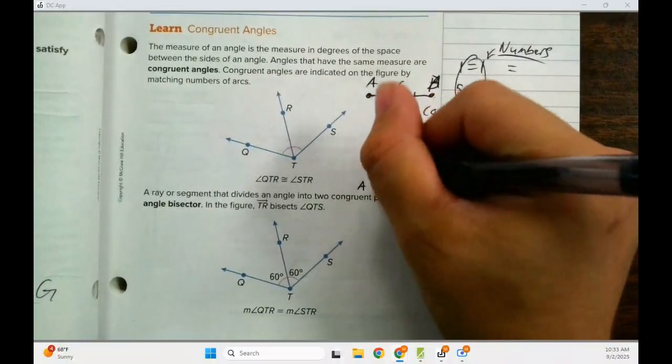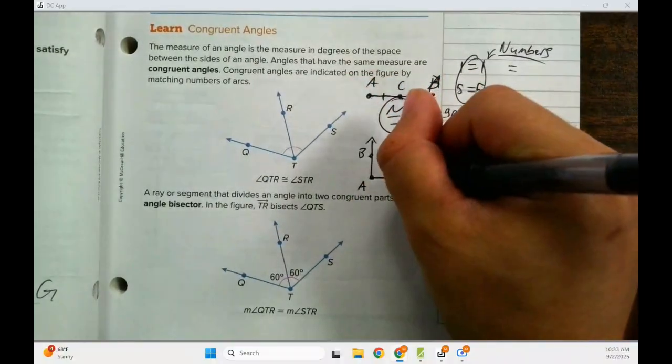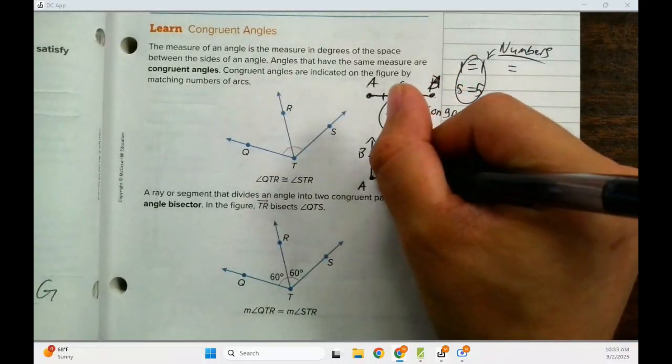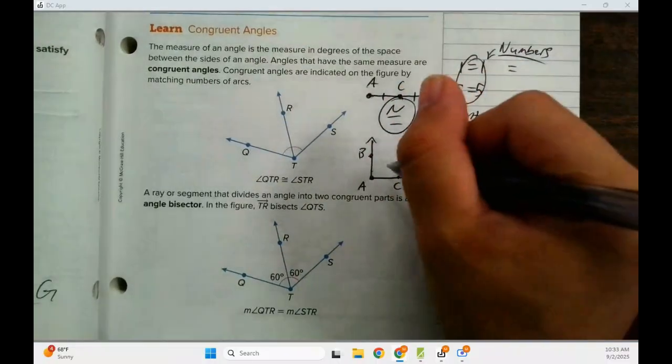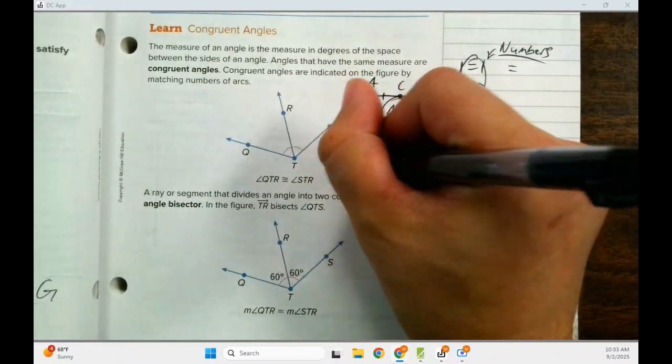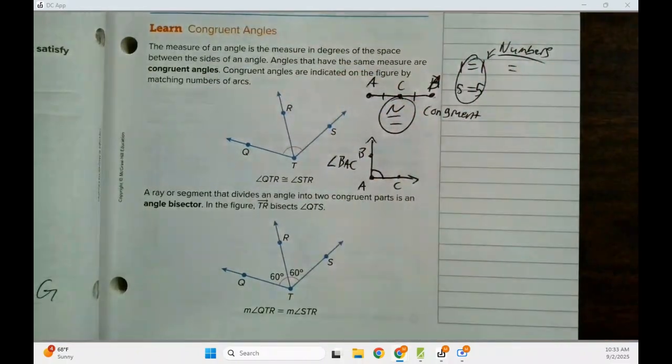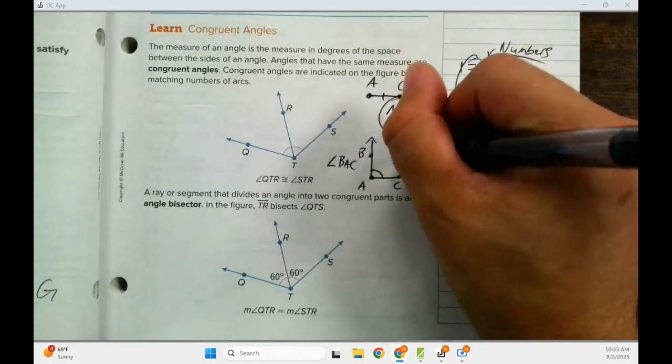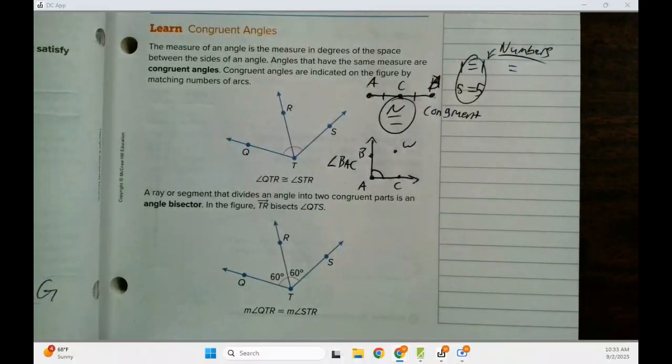Here's our vertex A, there's B, and there's C. Let's just assume, for example, that we have some number of degrees right there. It doesn't matter what number it is, it's a number. And on the interior of my angle BAC, right, this is angle BAC, I'm going to have some other point W. It doesn't matter. Some point W on the interior.